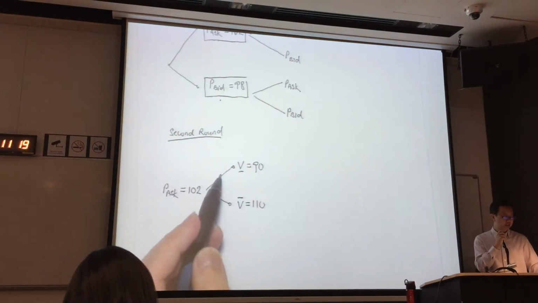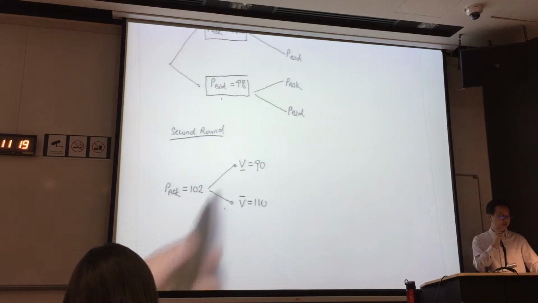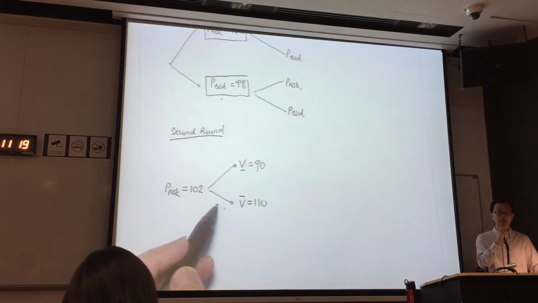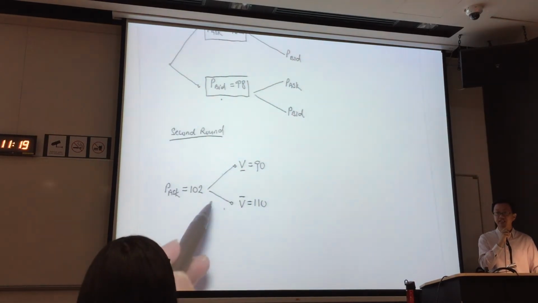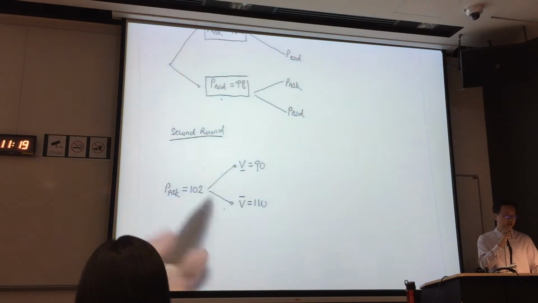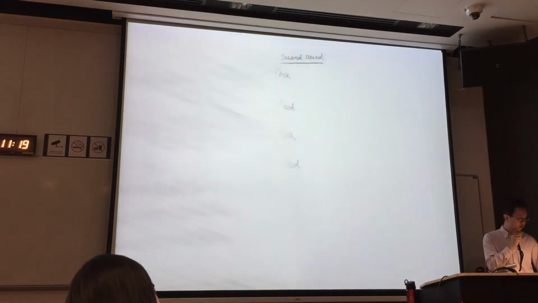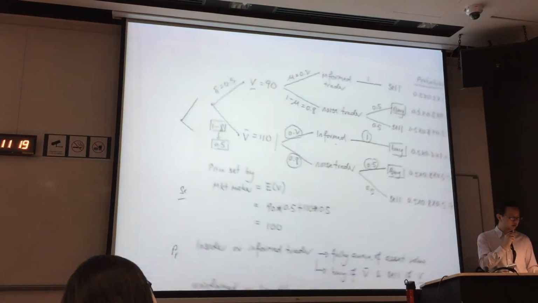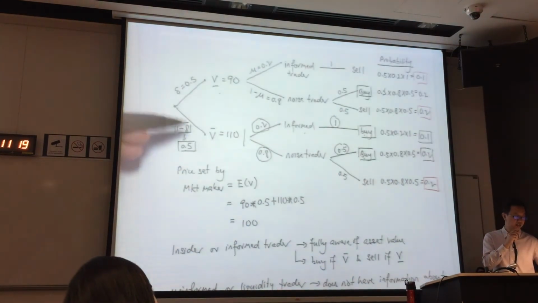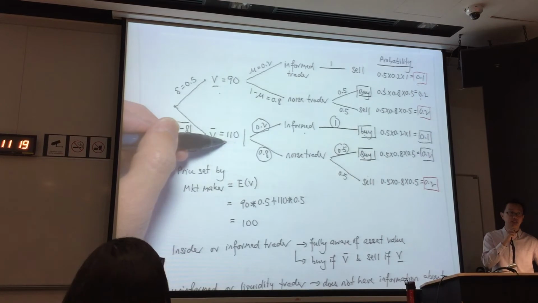What is the probability of this and this? Let's say this: what is the probability that the value is 110? Is it 50%? What is this probability now? Is it 50%? It's 60% already. 50% is before the first round. Before the arrival of the customer order, it's 50% probability that the value is 110.